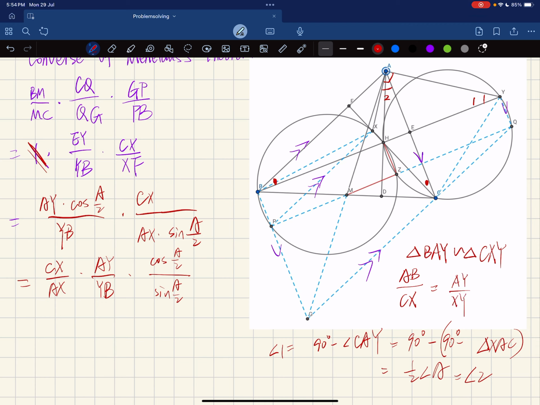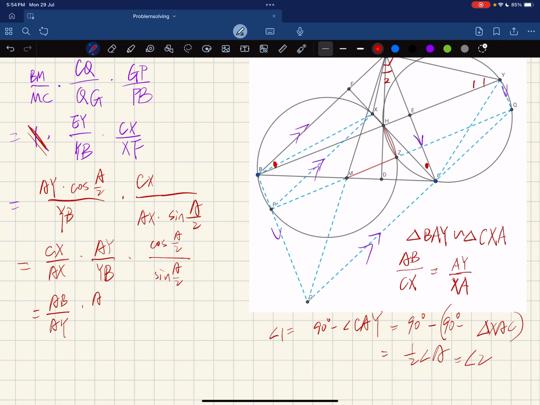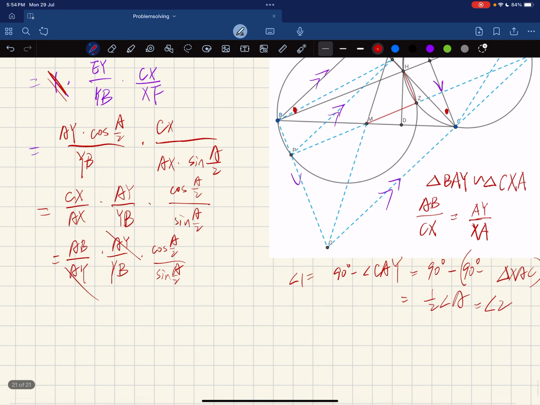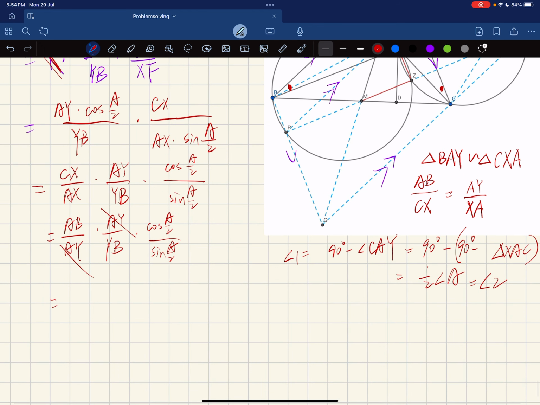So we might find that CX over XA is AB over AY, right? AB over AY times AY over YB times cosine half of angle A and times sine half of angle A. So we can eliminate these two. So it equals AB over YB times this one.